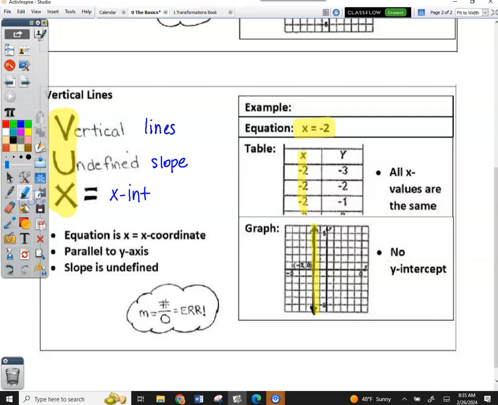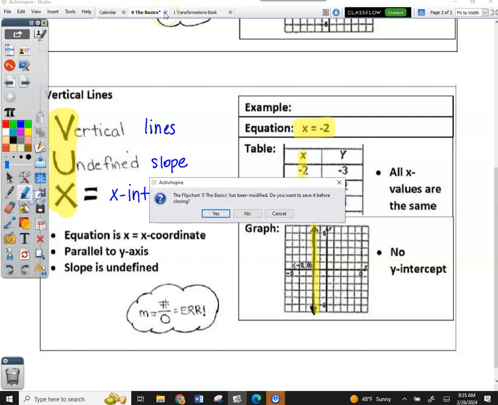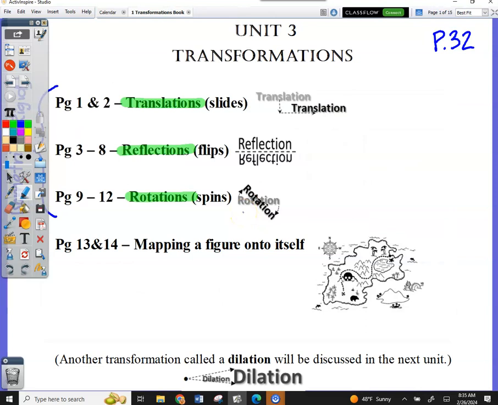All right? So now that we have finished with the basics, you might want to keep this out. I'm going to close the screen on it, but you might want to keep it out. Shift your attention to your transformations book. Go to your transformations book. And now what I want you to do is open up the booklet.